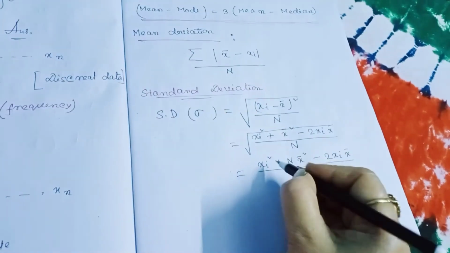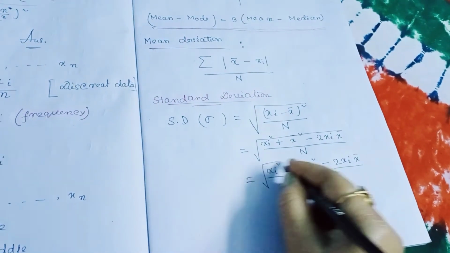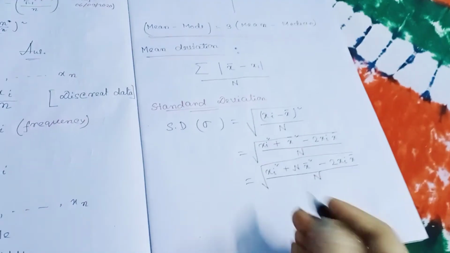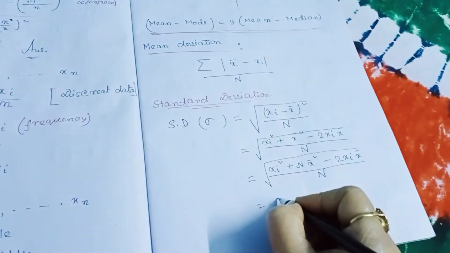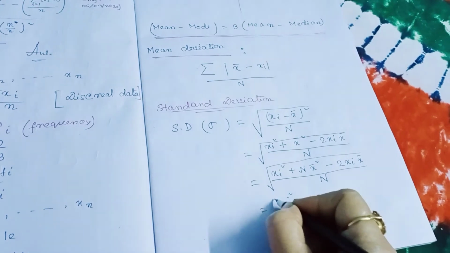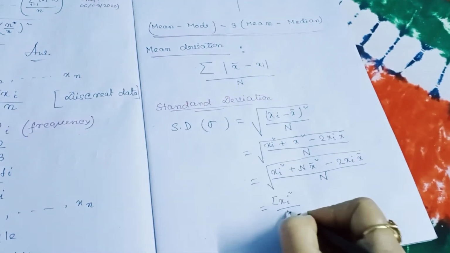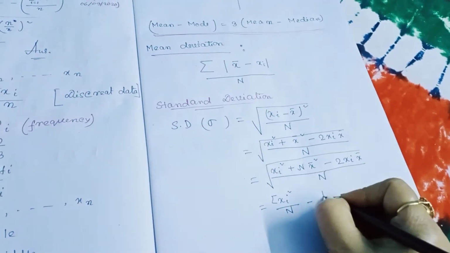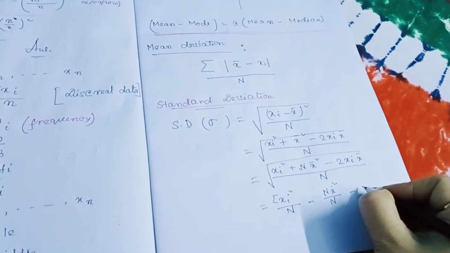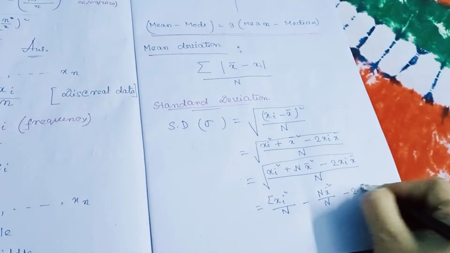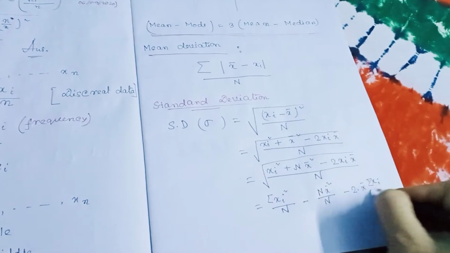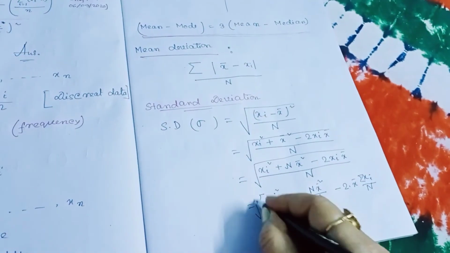As we divide all the terms by n, we get summation xi square divided by n, plus n into x bar square divided by n, minus 2 into x bar into summation xi divided by n, and there is an under root.